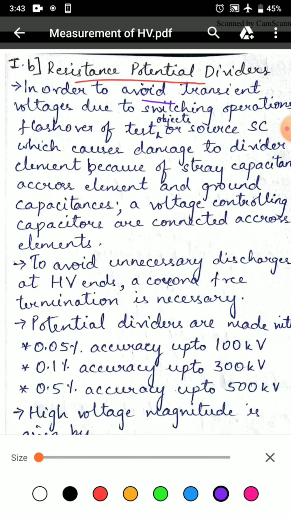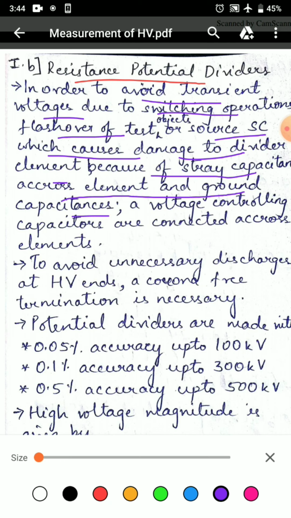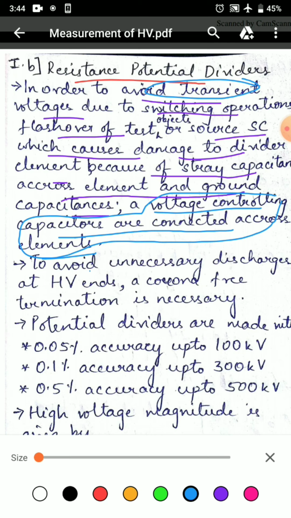In order to avoid transient voltages due to switching operations, flashover of test object or source short circuit, which cause damage to divider element because of stray capacitance across element and ground capacitance, voltage controlling capacitors are connected across elements.